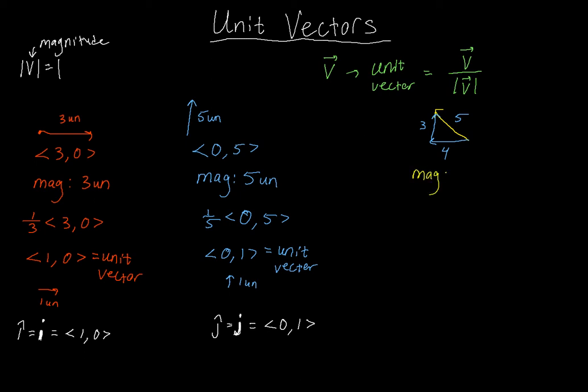So the magnitude of this vector is going to be 5 units. Now again, these are not drawn to scale, so while these should be the same length, they're probably not. I'm not using grid lines, I'm just eyeballing it.